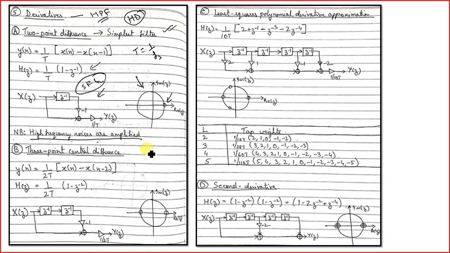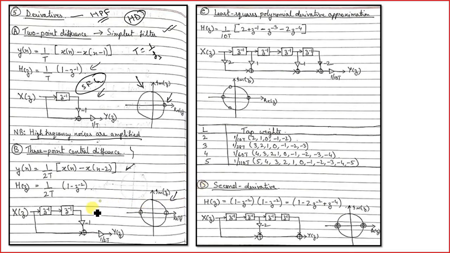Okay. Then we have the 3-point central difference filter, whose equation is given by this one and whose pole-zero plot is given by this formula. Here we have not put any poles because in an FIR filter all the poles are at the origin. Okay.